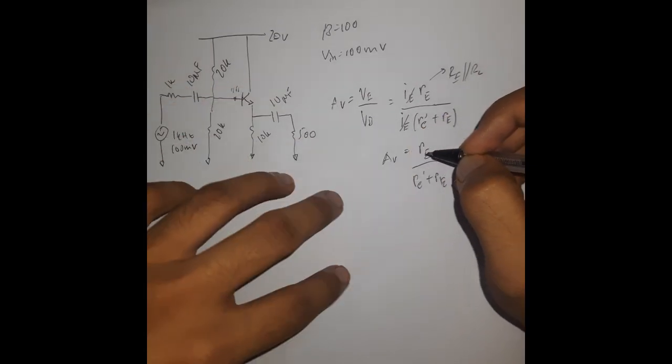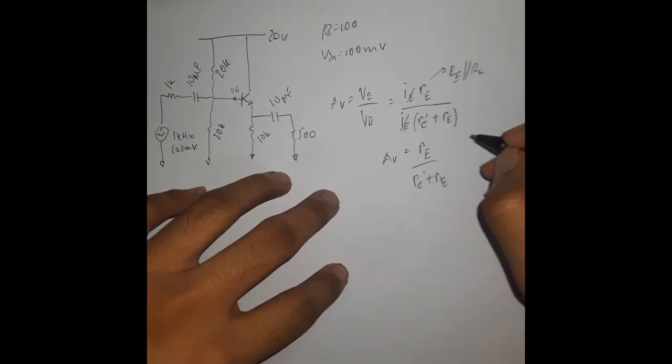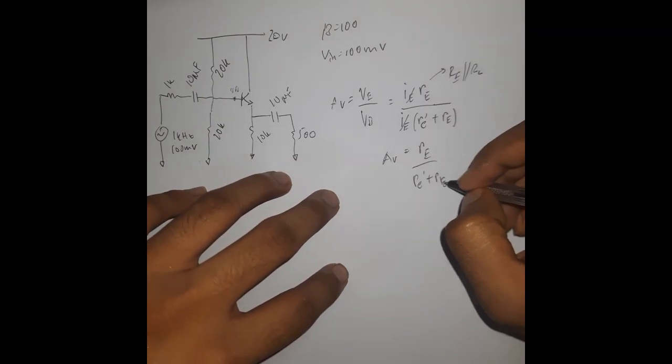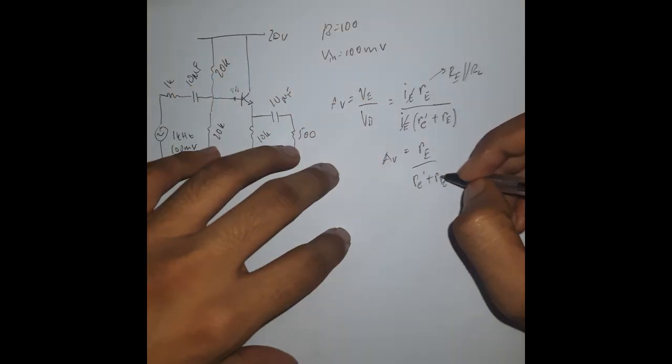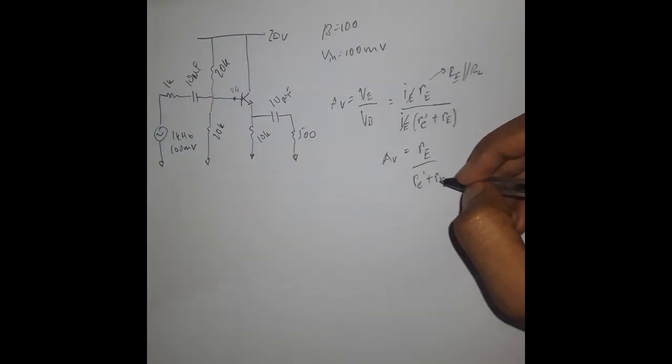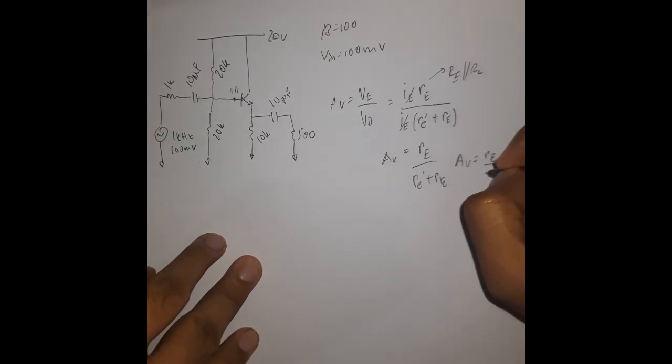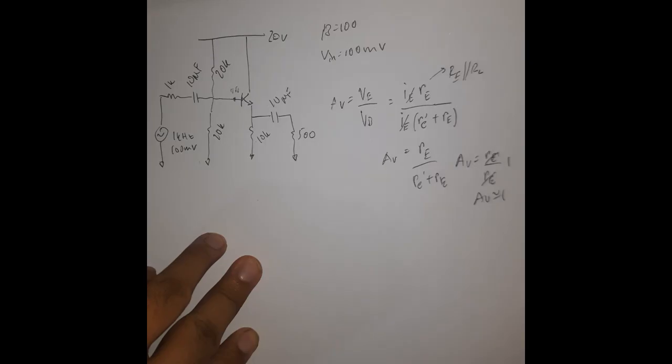The reason we say that the gain is almost equal to 1 is because re' is very small compared to RE. RE is in the kilo ohms range and re' is in the ohms range. Therefore we can say that the gain is approximately equal to 1.